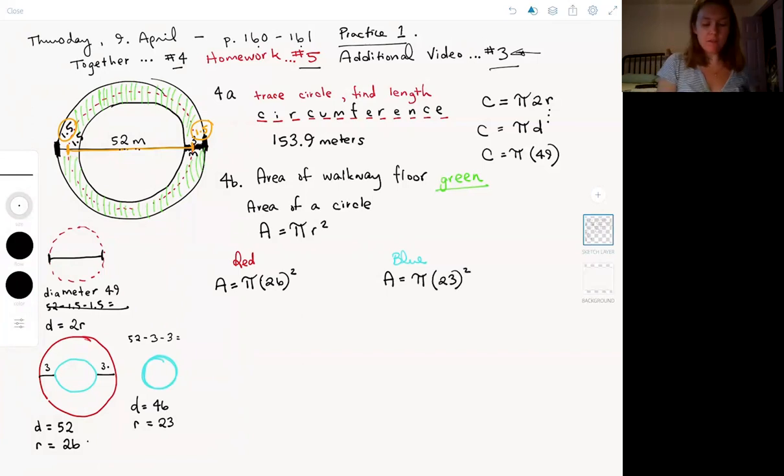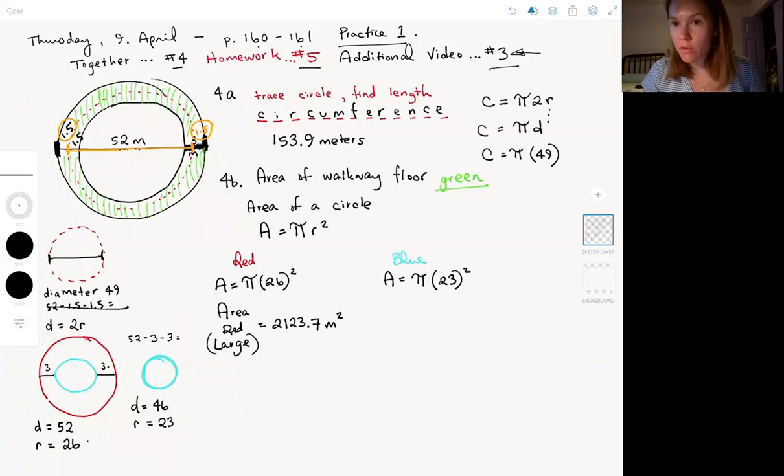So now I plug these into my calculator and I find the respective areas. So the area of the red circle is going to be 2,123.7 meters squared.